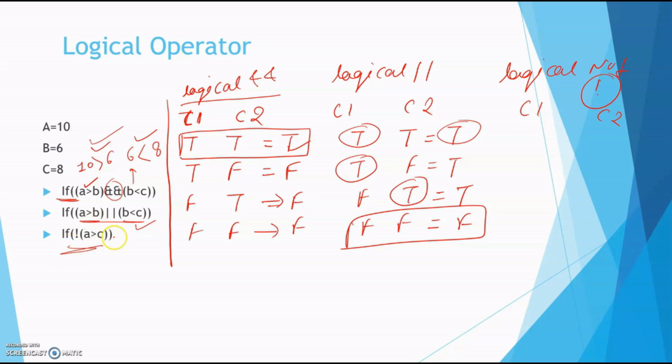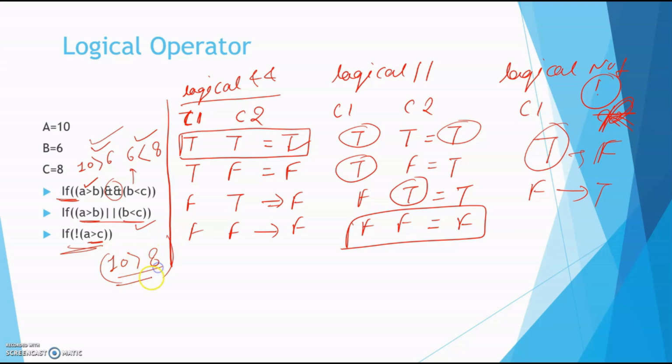Okay, now come to this symbol. There is only one condition here. If the condition is true, it gives false. If the condition is false, it will give a true value. That is a negation, you can say. So a is greater than c, where the value of a is 10 and the value of c is 8.